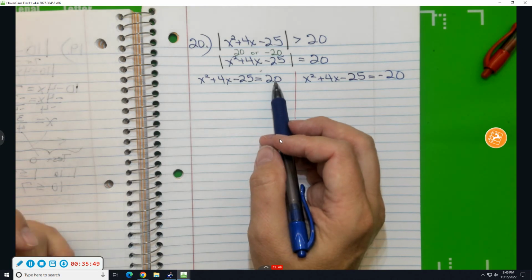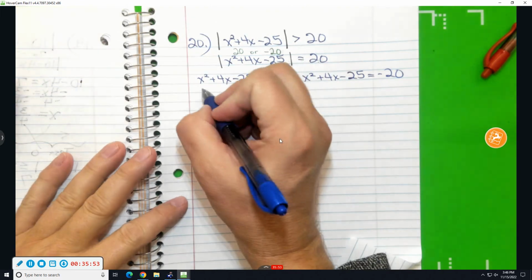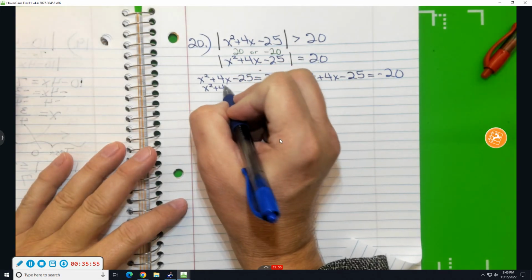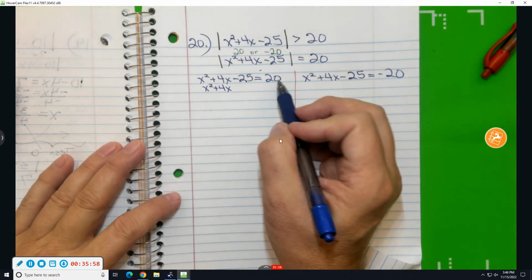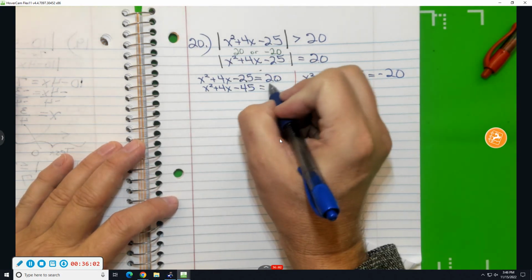Solving the first one, we need to move that 20 over by subtracting. That'll give us x squared plus 4x, negative 25 minus 20 gives me a minus 45 equals 0.